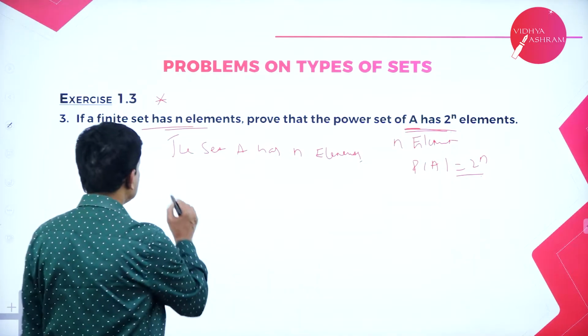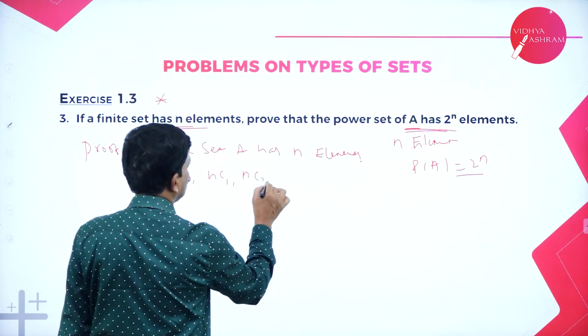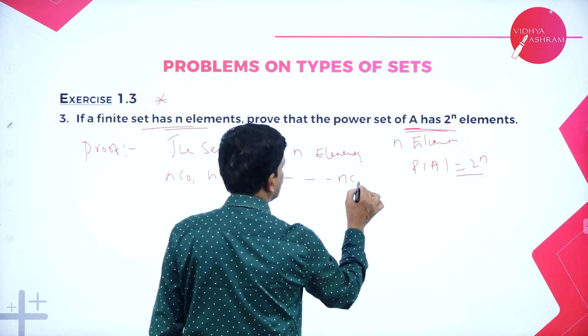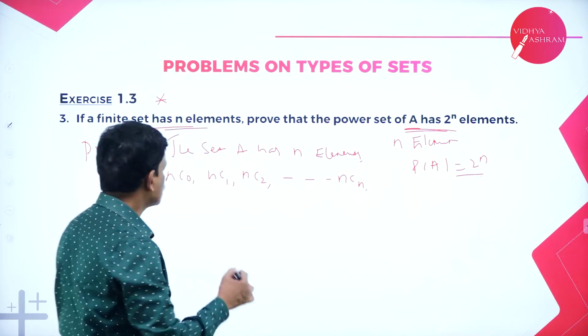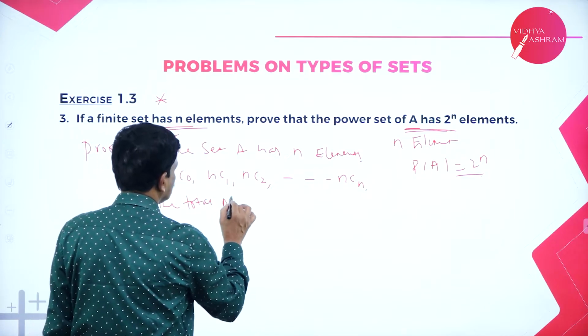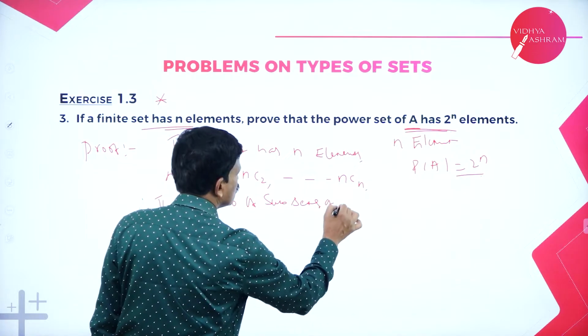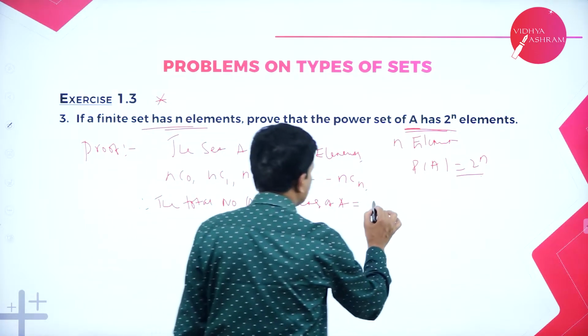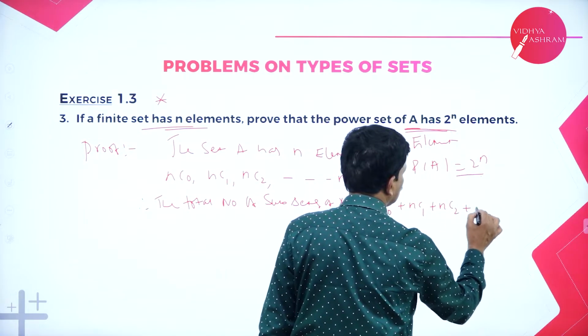So this can be written as nC0, nC1, nC2, etc., nCn. Therefore the total number of subsets of A can be written as the sum nC0 plus nC1 plus nC2, etc.